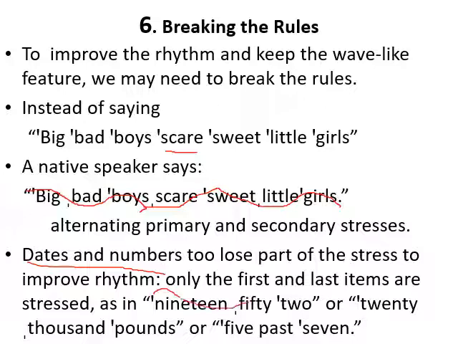Stress, unstress, stress. Or 20,000 pounds. 20,000 pounds. Stress, unstress, stress. Or 5+7. ما تقولش 5+7. لا 5+7. ودي بتبقى فيها elision وفيها reduction للفاول.